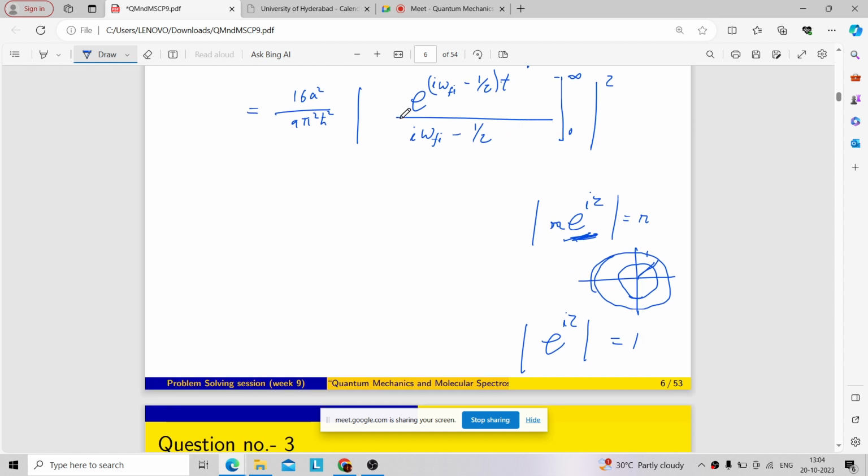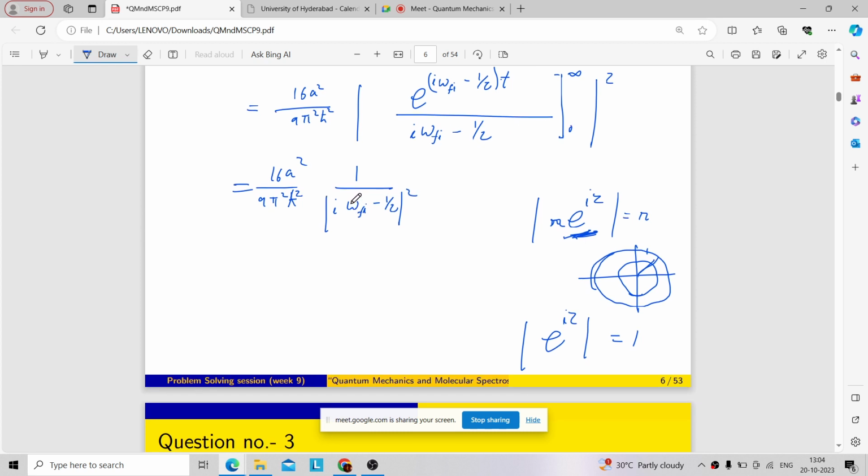So if we do the mod, then what will remain? 16 square over 9 pi square square over i omega fi minus 1 over tau, mod square. This will only remain.